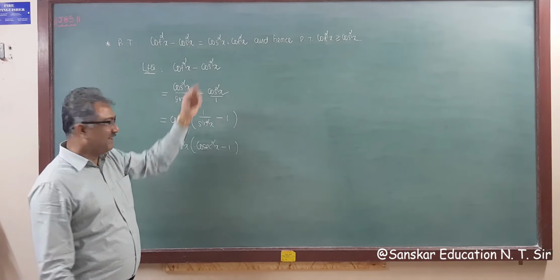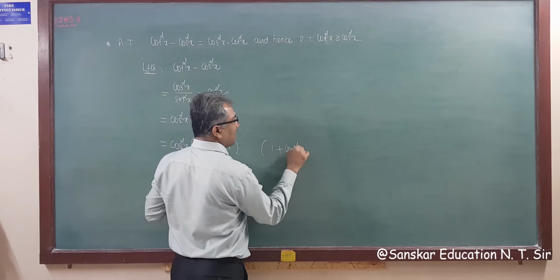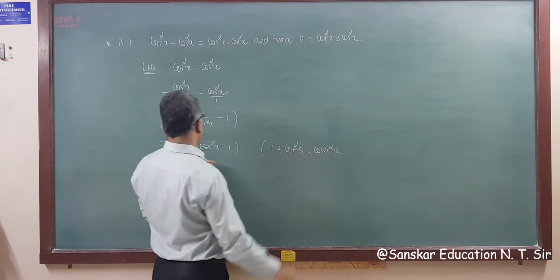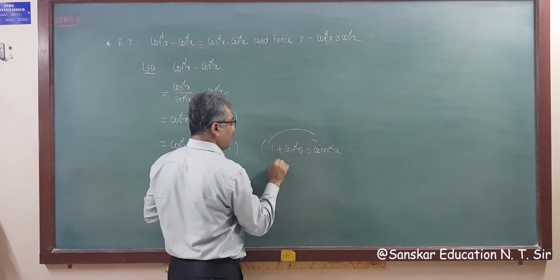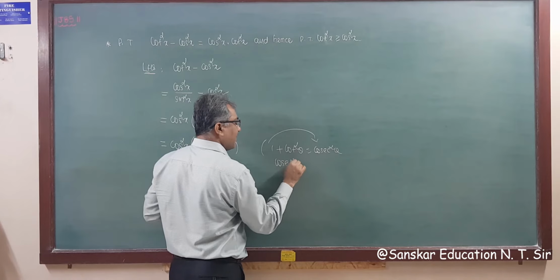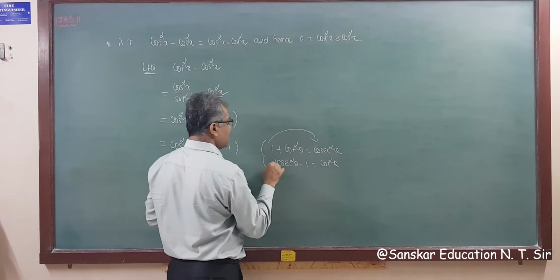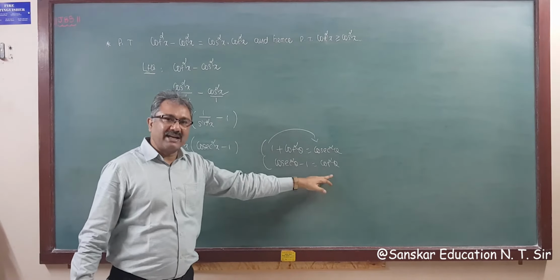It's very easy, right? Because you have the identity 1 plus cot square theta is equal to cosec square theta. So cosec square theta minus 1 is cot square theta. This is your answer. So cosec square x minus 1 is cot square x.